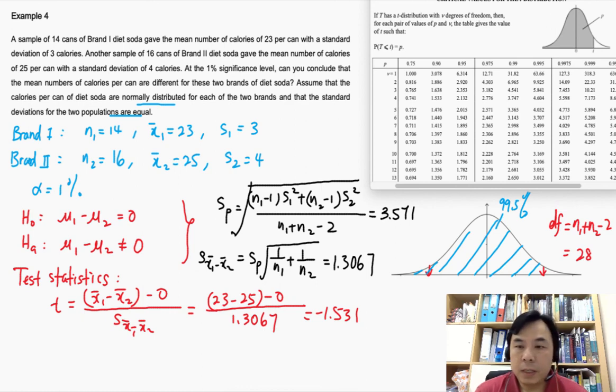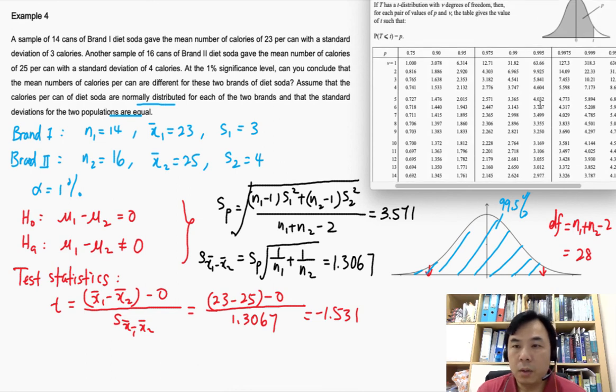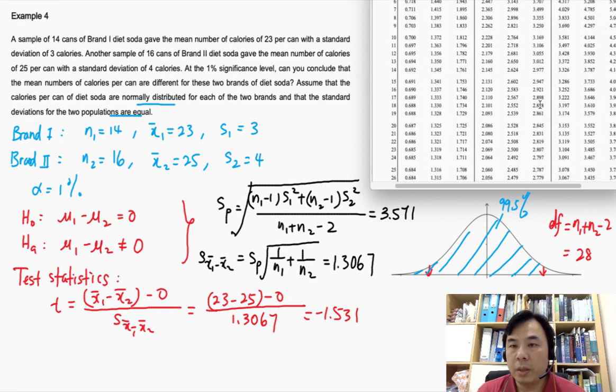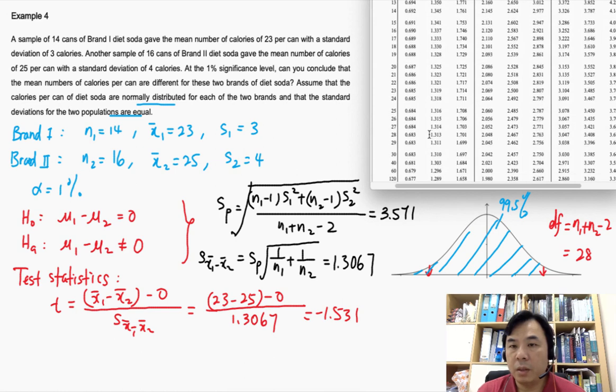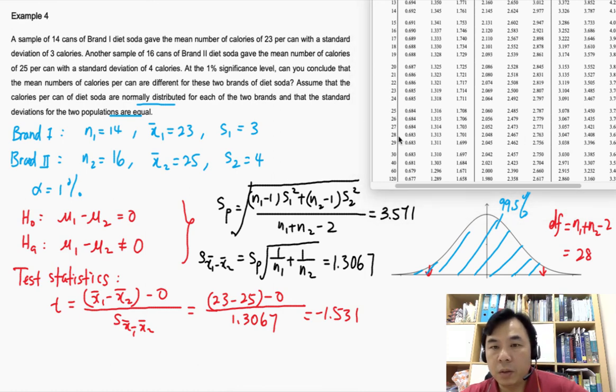So the total area that we need to obtain from the t distribution is 99.5%. So let's go ahead and read the 99.5% here. Under 99.5%, our degrees of freedom is 28. So under this 28, that would give me this value here, 2.763.